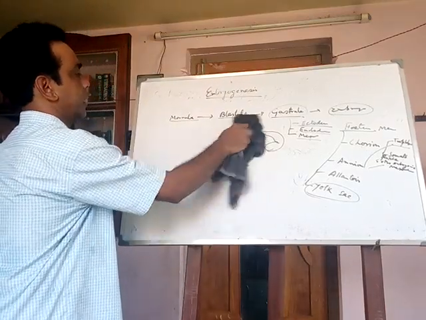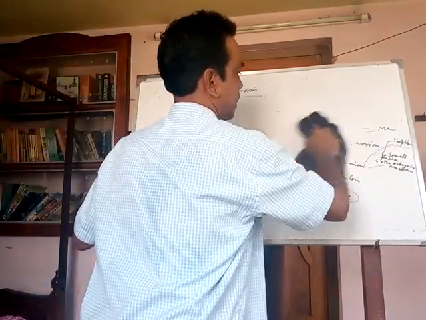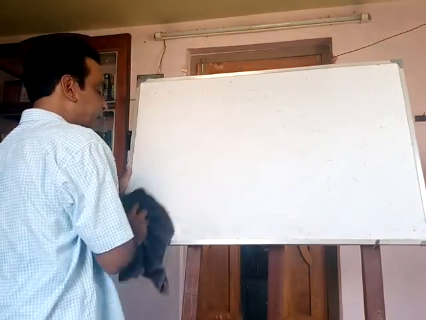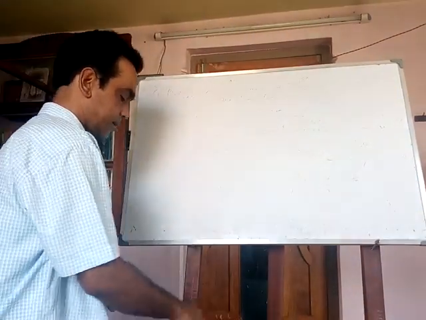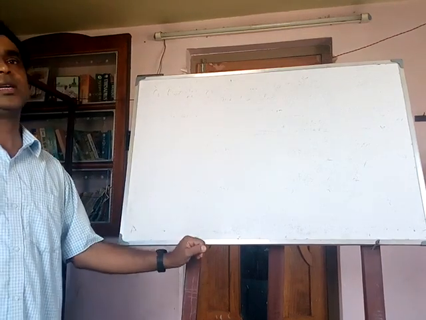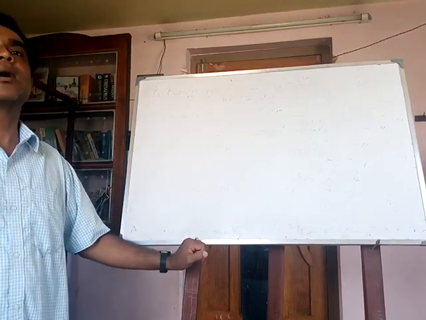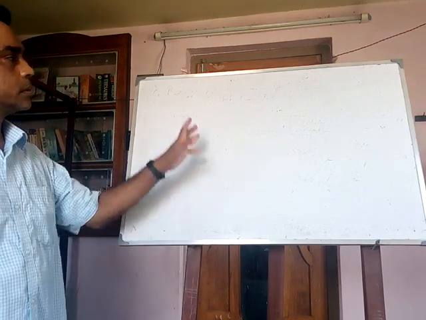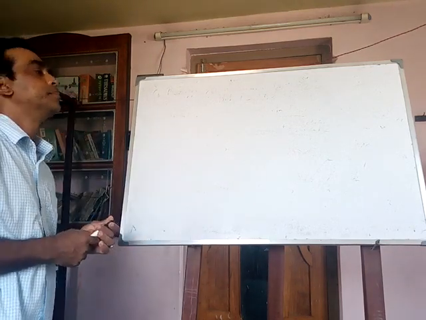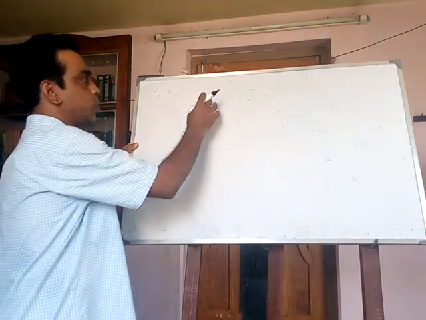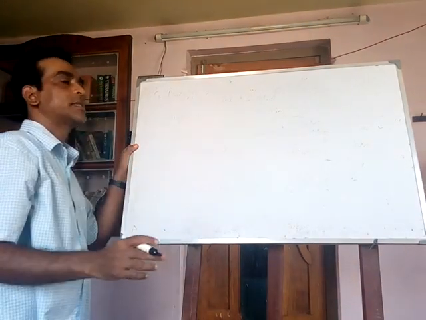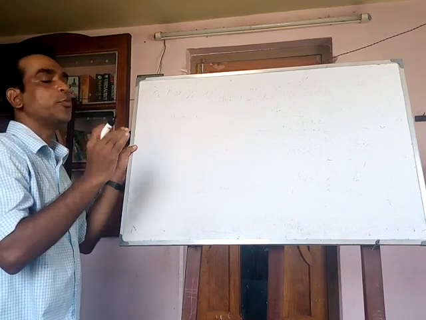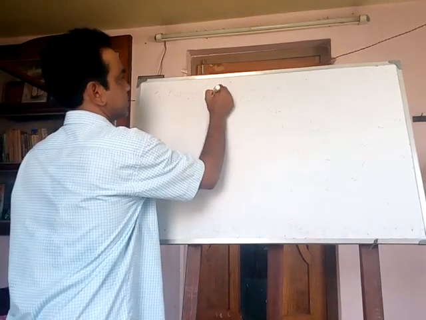Now we have learned about implantation, fertilization and embryogenesis. Now another part of the human, or female, reproductive system is the phenomenon called menstruation.